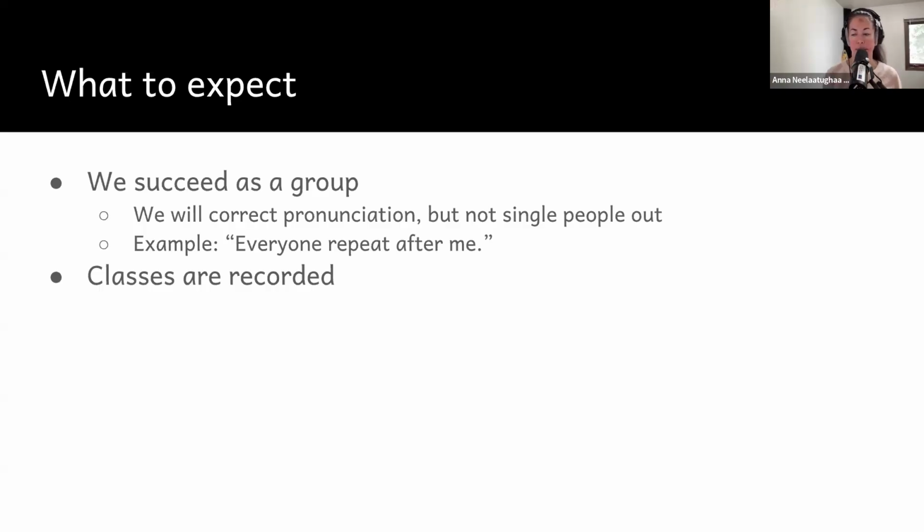But yeah, so for the students, what to expect, we succeed as a group. So Shirley and I really like to correct pronunciation when we need to. But so that you don't feel too shy or too on the spot, we don't really single people out. It's just if we hear that a sound needs to be worked on, we'll have everybody repeat after me, and then you work as a group.